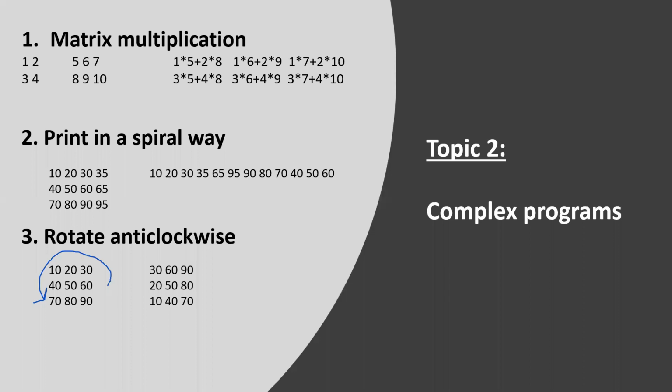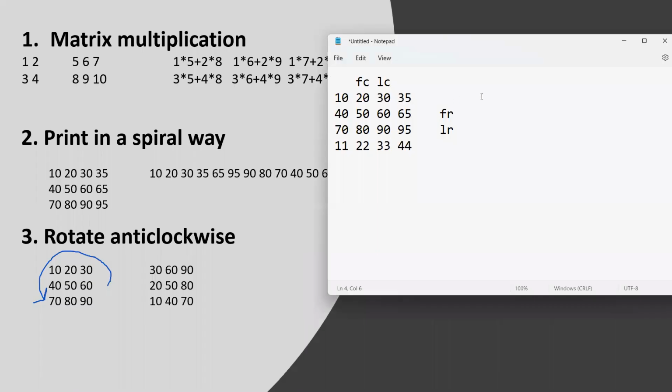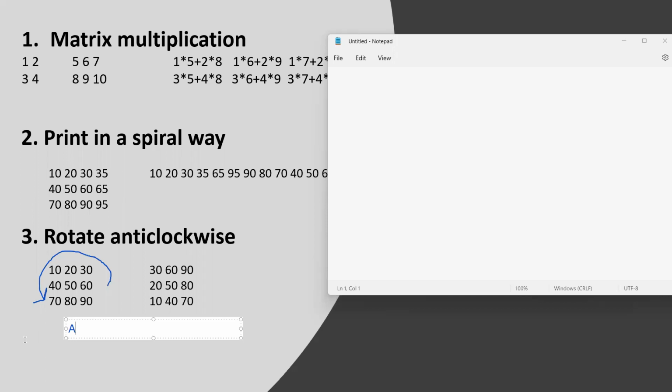So now I have to find how it is happening. Again, I have to find the relationship between them. Suppose I take the first one as the A array, or A matrix, whatever it is, and the second one, the output, as the B array. So what is happening?